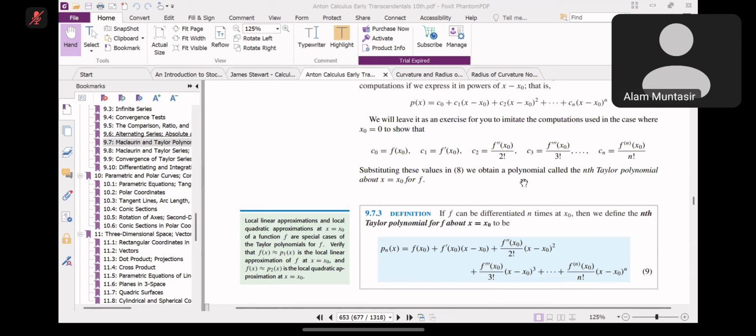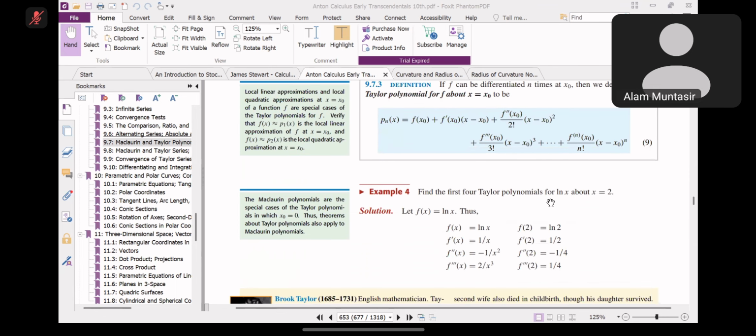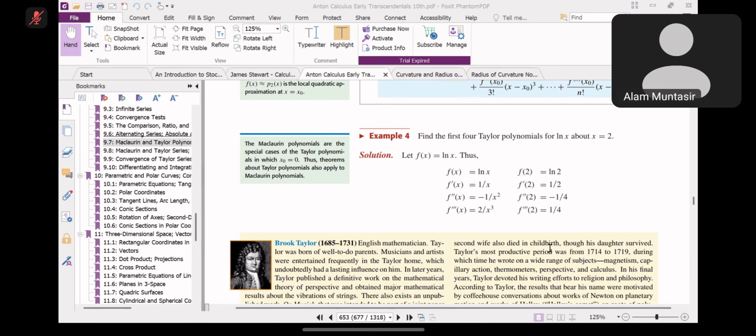That means for any non-zero point, you can apply Taylor series. For example, the first 4 Taylor polynomials for ln x about x equal to 2. That means you need to calculate the derivatives at the point 2, not at 0. If you take x equal to 0 and calculate the derivatives at 0, then it will become a Maclaurin polynomial.